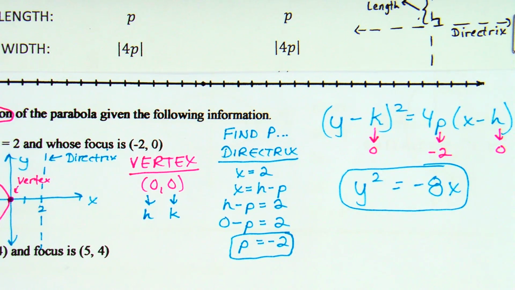Negative x squared, yes? Okay, so now, if this is a parabola that opens left or right, the square flips, right? So instead of the square being on the x, it is now on the y. So what's that negative on that 8 doing?